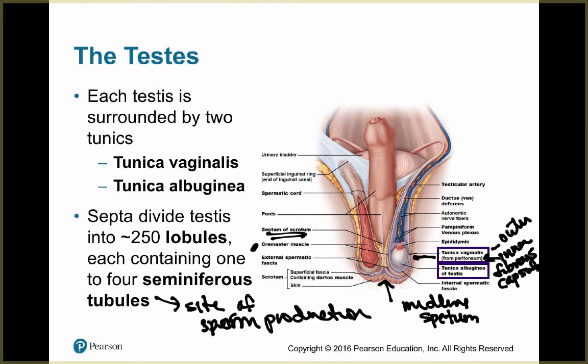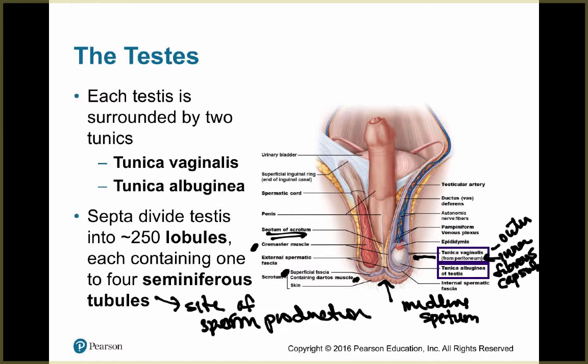It shows one of those muscles there, and here's the other muscle right here, talking about the scrotum and the skin. That might help you when identifying what each muscle does.